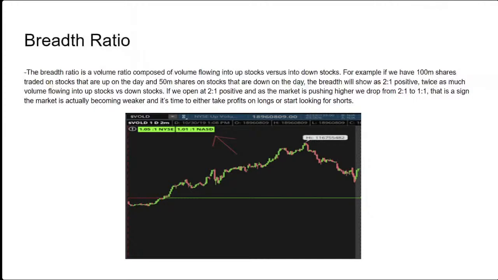This breadth ratio can give you a gauge of how much gas we have. Because if we don't have much gas, the market can't go anywhere. It's going to have to refuel, hence we have consolidation. And once we refuel after consolidation, then the car is ready to go again.